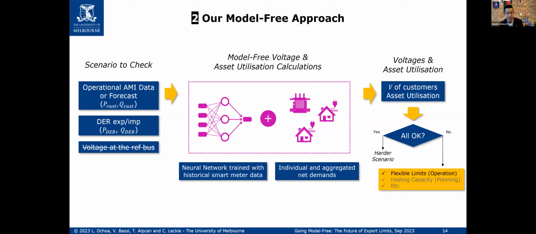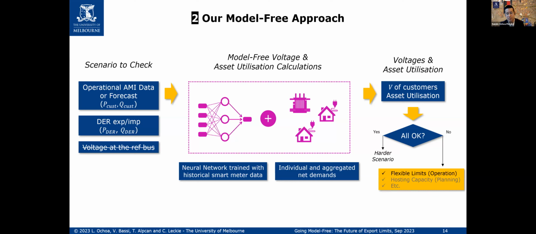And with that, you can then infer the corresponding voltages for any what-if scenario. Because as with any power flow, if you have P and Q, then you produce voltages. Same thing with the neural network. If you have the P and Q of that scenario, I can tell you the voltages, and then I can check where these export limits are hitting the voltage limit, and that's how I calculate.